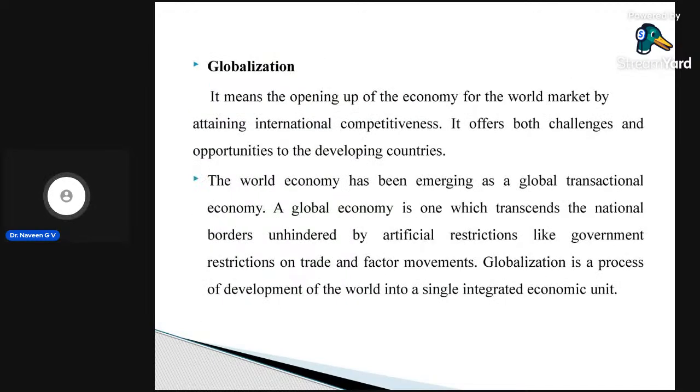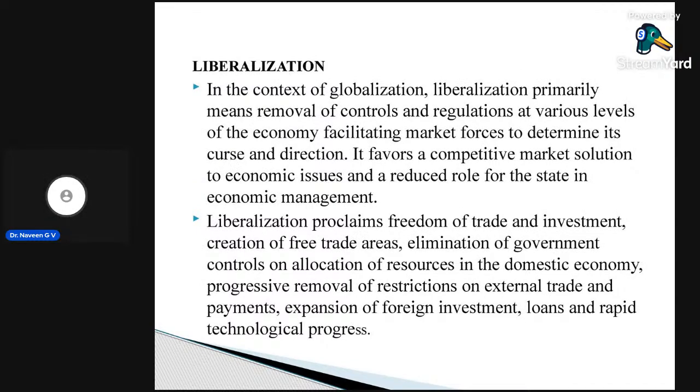What is liberalization? Liberalization is also one of the most important things. It means in the world, economies are changing rapidly, and most countries of the world, including developing countries and the countries of Eastern Europe, are gearing up to the challenge of competing in the increasingly integrated, highly global marketplace.